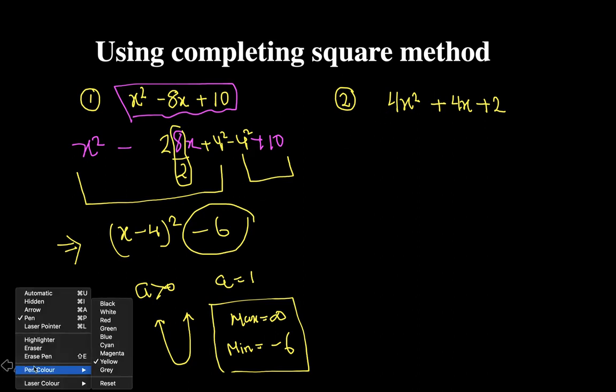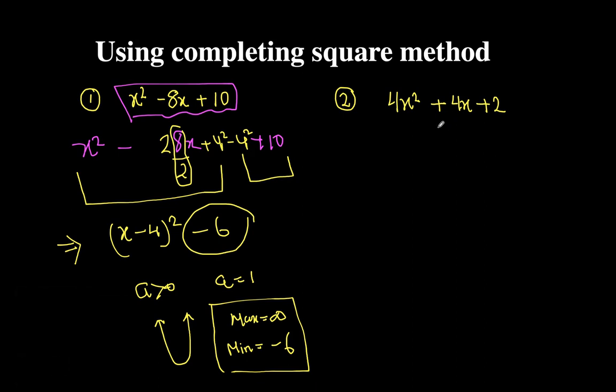Now in this question you have a coefficient of x square. So first what we will do, we will try to take 4 common. So if you take 4 common, you will get x square plus x, and you can write here just 2 over 4. And if you have any confusion, you can multiply it and you will get the same thing.